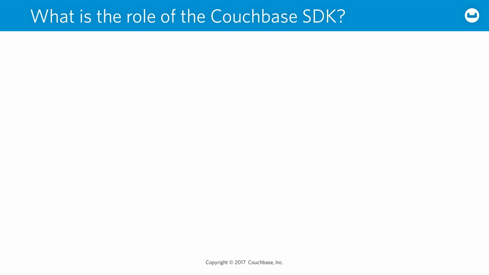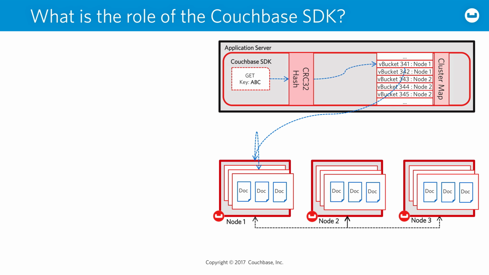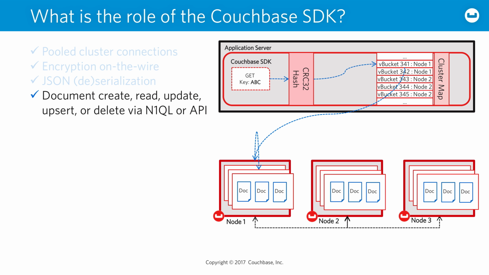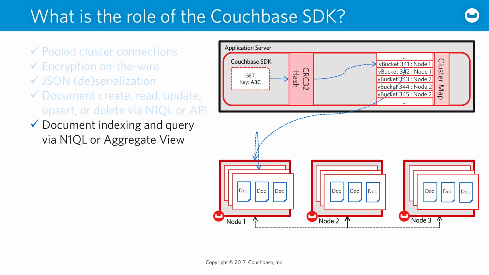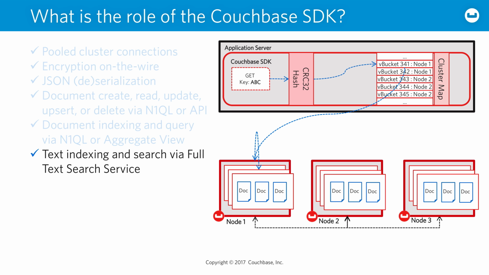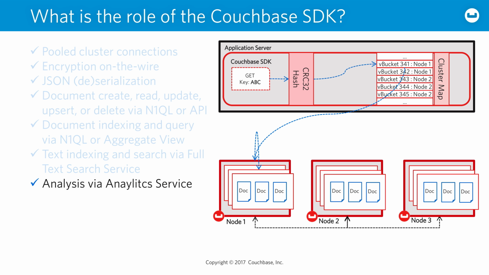Regardless of the programming language used, Couchbase SDKs provide a common set of capabilities and a unified approach. The SDK provides your connection pooling, encryption on the wire, JSON serialization and deserialization into relevant structures for the programming language in use, document create, read, update, upsert, and delete capabilities, both via Nickel and direct API call, access to create and manage indexes built using either the index service or aggregate views, text indexing and search via the full text search service, access to analytical queries via the analytics service.